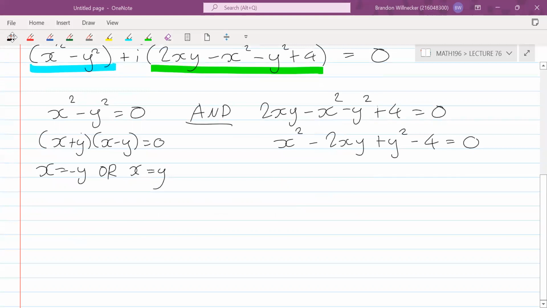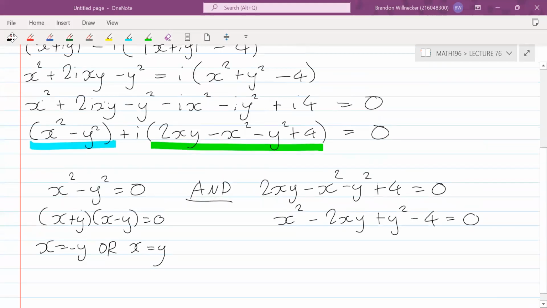Okay, so why did I do that? Well, now this x squared minus 2xy plus y squared is just the expanded out form of x minus y squared. Because if we expand this out, we get x squared minus 2xy plus y squared. That's what we've got on that second line there. And then the minus 4, we can take over to the other side.